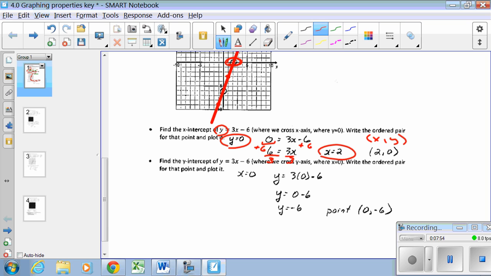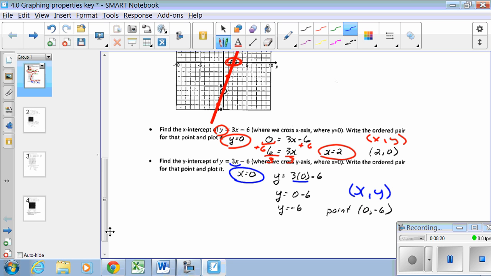The other skill, the other definition we wanted to talk about today then, is where are you when you cross the y-axis? If you cross the y-axis, we put 0 in for x. So the same as we did in the table, we put 0 in where the x value is, and we work it out. If you're going to plot a point, we're talking about, again, the x value and the y value.